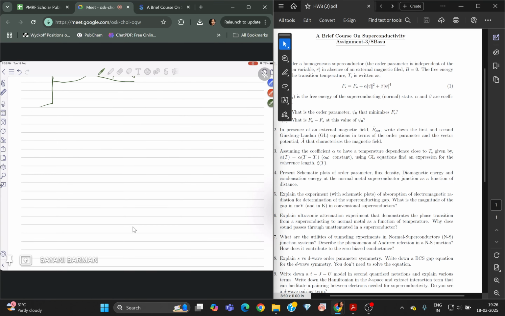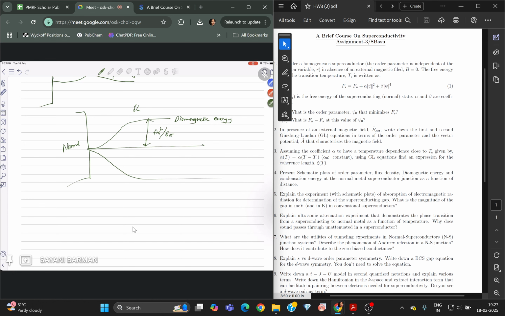When the diamagnetic energy increases, the energy gap is Hc square by 8 pi.